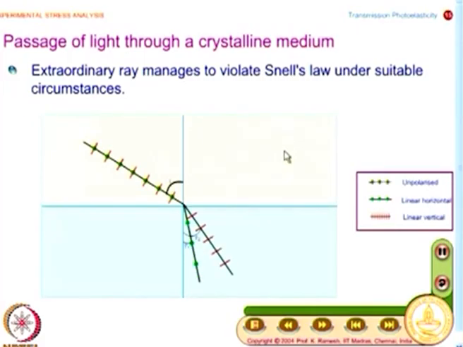So, I have medium 1 and medium 2 now is crystal, it is not an isotropic media, medium 2 is a crystal. And you look at the diagram, make a neat sketch of it, take your time, and I can replay how the rays come. So, I have a ray which impinges on this. Carefully look at how the incident ray is drawn and how the refracted rays are drawn.